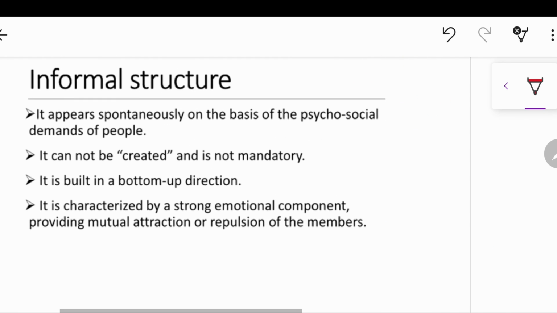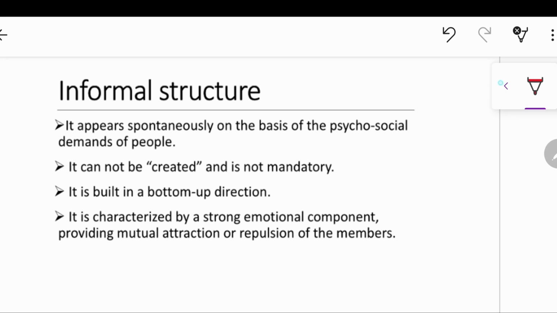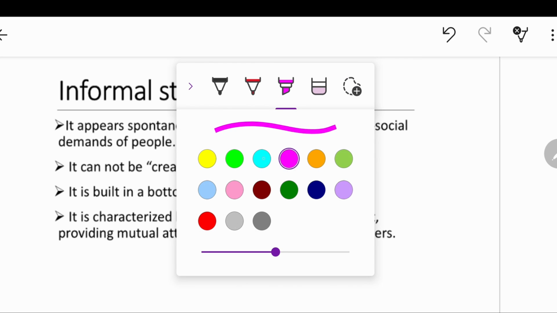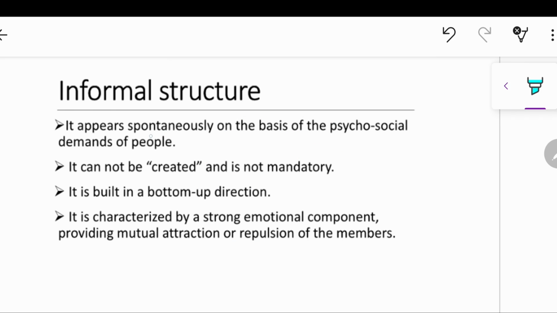The informal structure appears spontaneously on the basis of psychosocial demands of the people. So basically it's just something that's made within the group itself, and it cannot be created, and it's not mandatory.